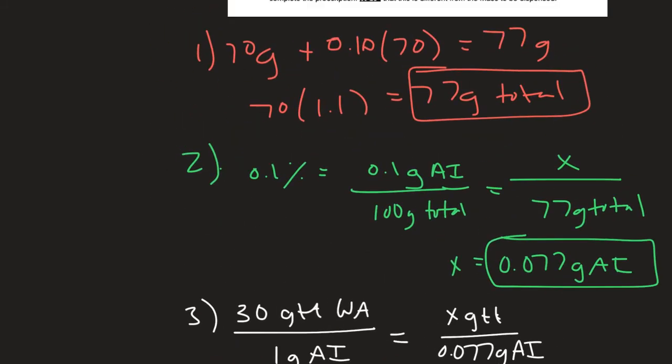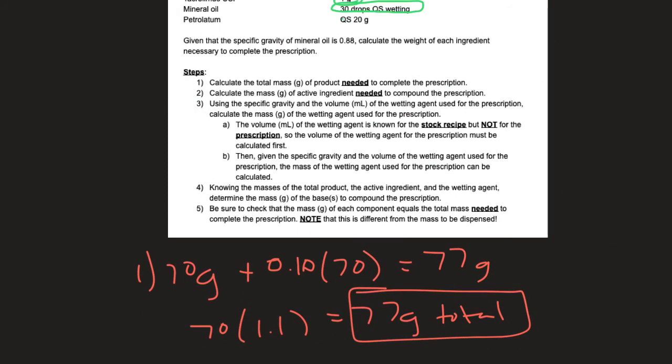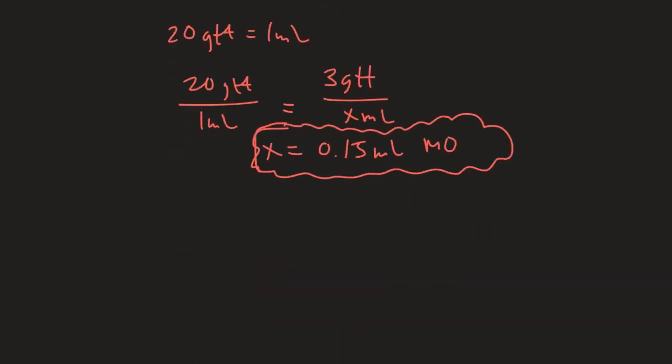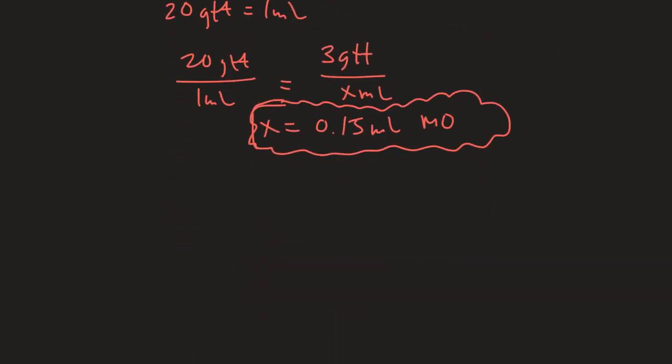So now we can use the specific gravity. Step 3b: given the specific gravity and the volume of the wetting agent used for the prescription, the mass of the wetting agent for the prescription can be calculated. The specific gravity of mineral oil is 0.88. I'll do it both ways again. 0.88 equals x grams divided by 0.15 milliliters.